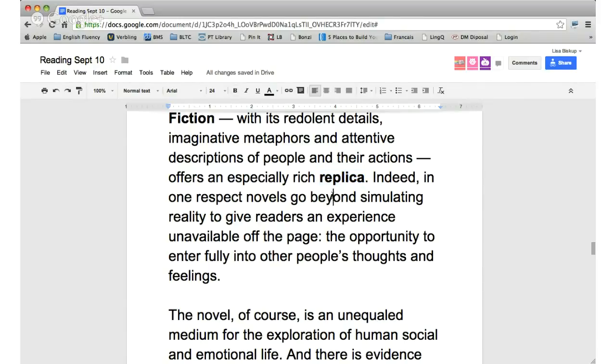So for example, you guys have your own lives in your day, and you have your own thoughts and your own feelings, but if you read a work of fiction, especially a really good, well-written one, it can take you beyond your own life and put you into somebody else's life. And so it's simulating. Simulating means to make it like it's real.